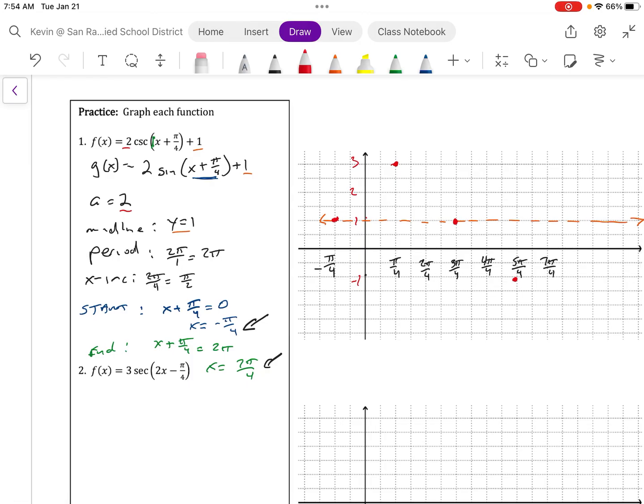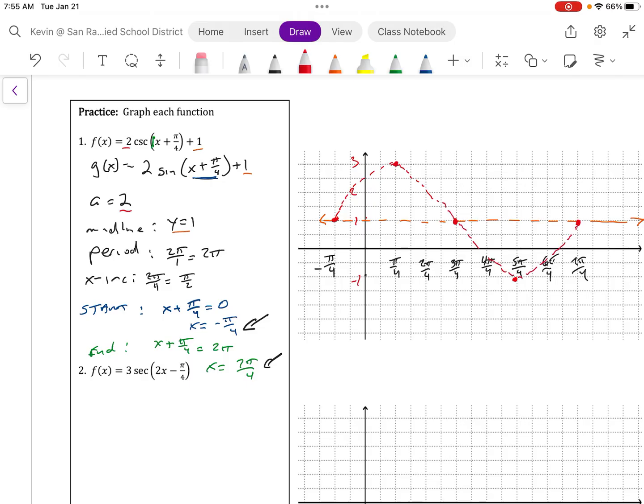My amplitude is 2. All right, so now I can dot this in. Oops, I just made a mistake here. This should have been 6 pi over 4. This should be 7 pi over 4, because I end on my midline here.